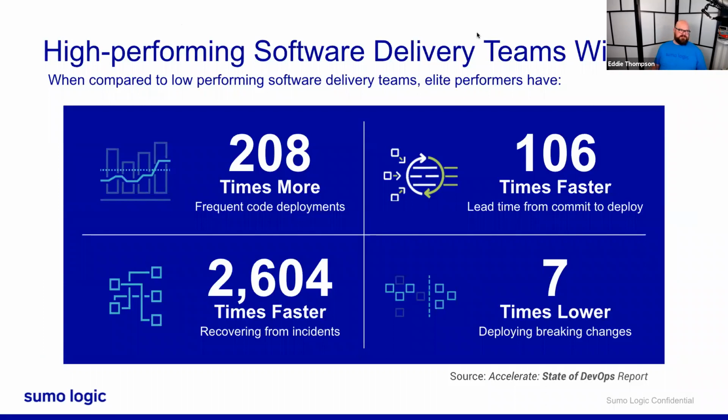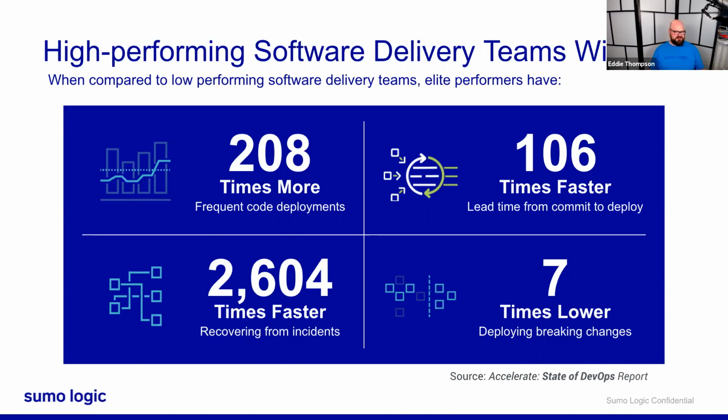So the reality is that high-performing software delivery teams win. When compared with low-performing software teams, and this has come out of a lot of research from DORA, elite performers deploy code much more frequently, an order of magnitude more frequently, and they are far faster in the lead time from commit to deploy.